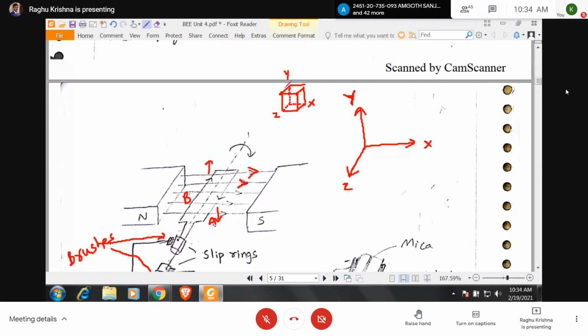Now here we have to stretch the thumb, forefinger, and the middle finger perpendicular to each other. So let me explain. You have to stretch the thumb, forefinger, middle finger.